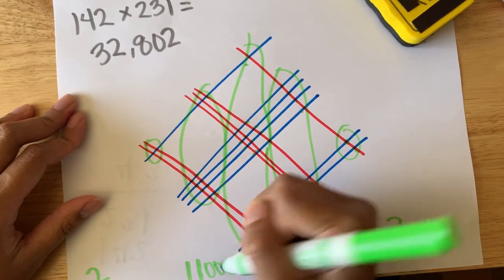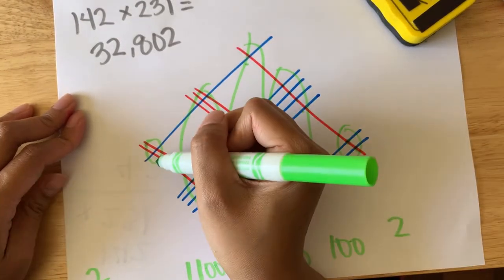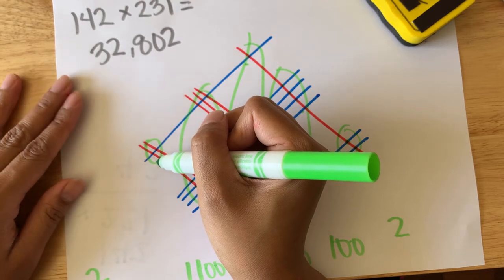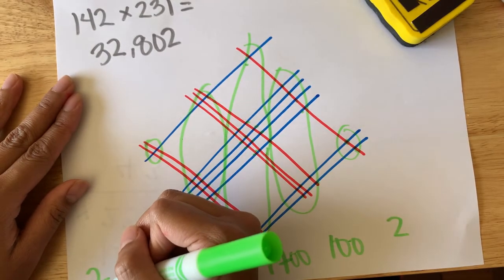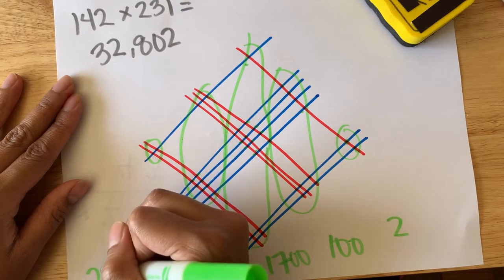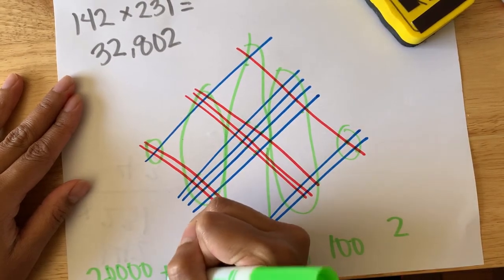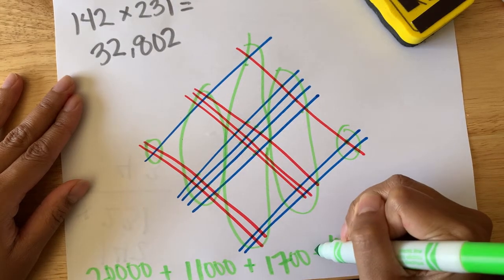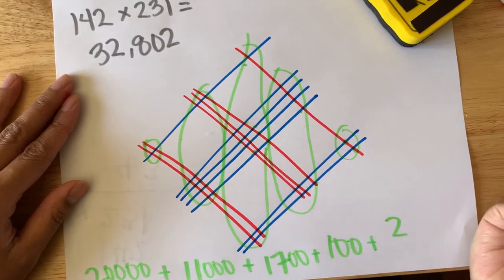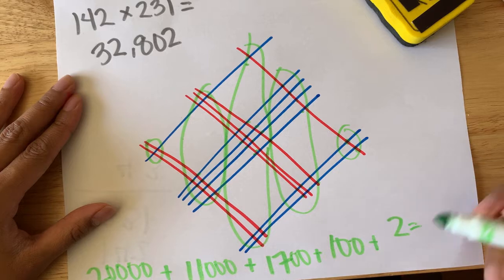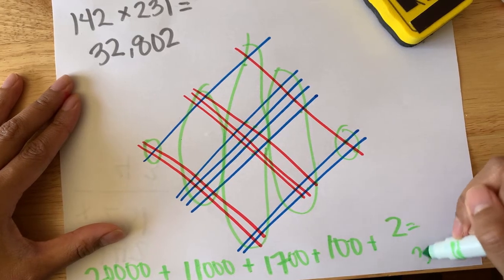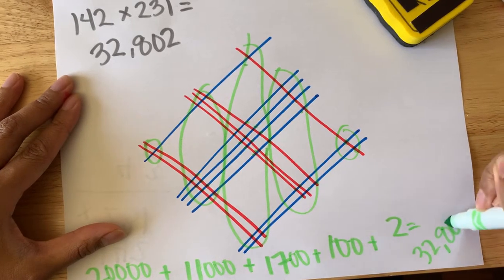We'll just add 3 zeros at the end. And our last group here represents the 10,000s, so multiplying 2 by 10,000, or sneaking 4 zeros at the end. Now we just add everything together, and of course, what do we get? 32,802.